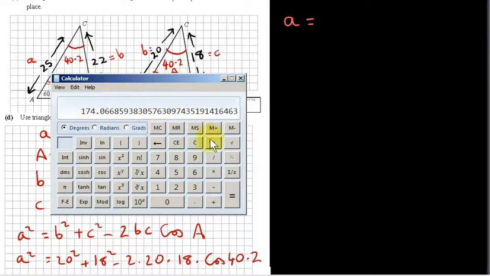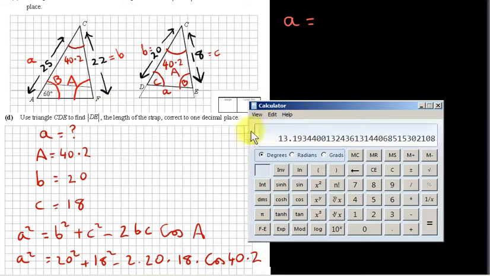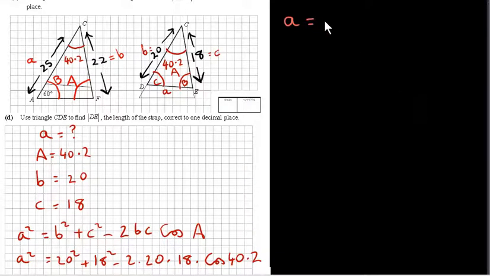So rather than clearing the calculator, I'll just put this number to the power of 0.5. So you don't have to be doing any rounding or re-entering the value. So we get 13.19. We want this correct to 1 decimal place. To 1 decimal place, this number is 13.2.